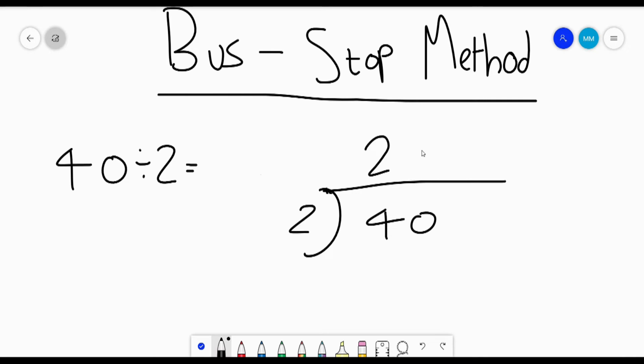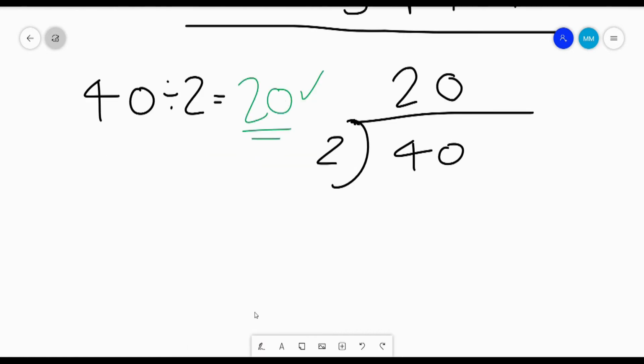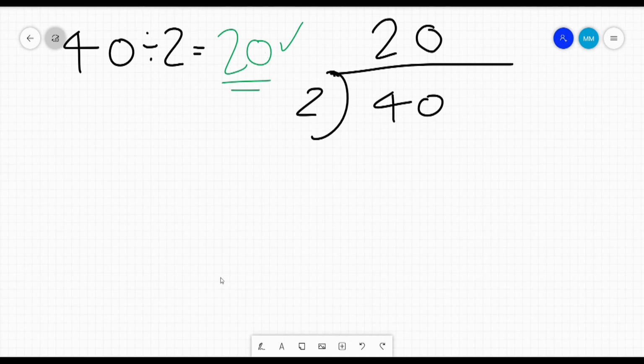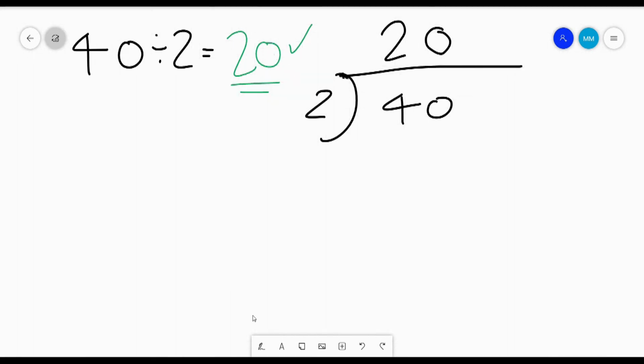The answer is nothing. Is there anything left over? No. The division ends there. You end up with 20 as your answer. We now quote 20 in here. Done.